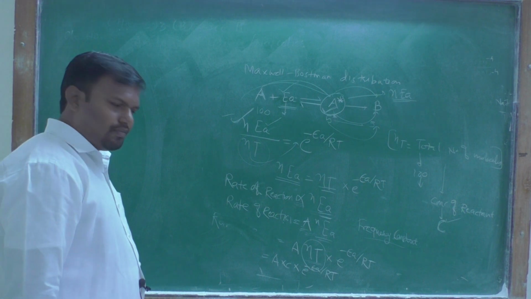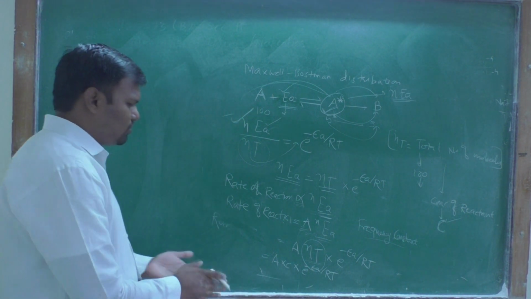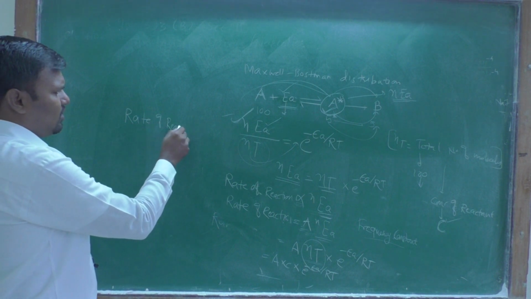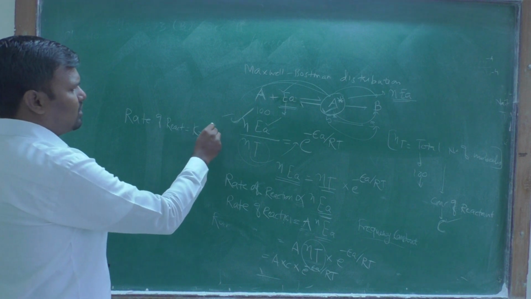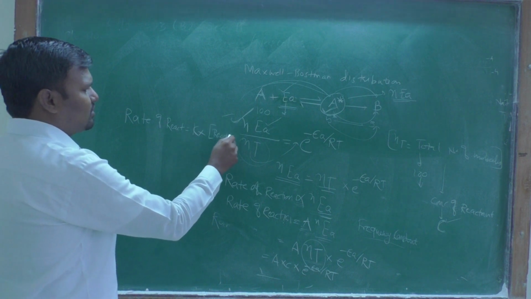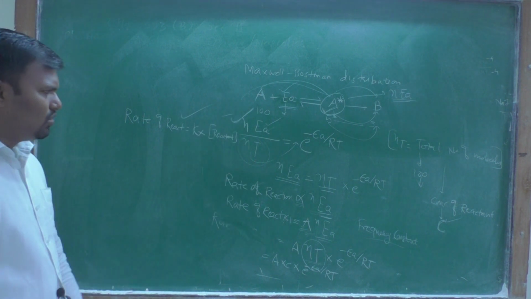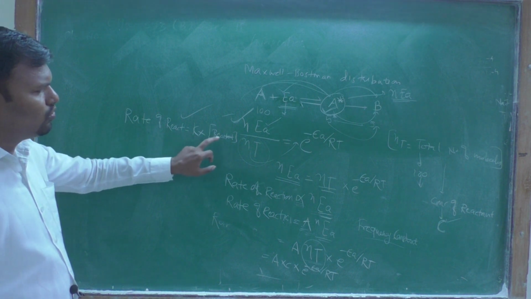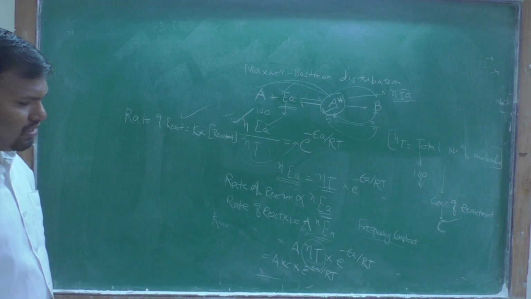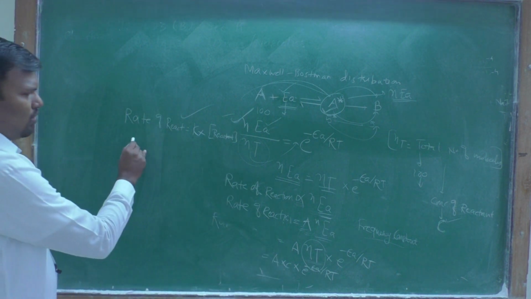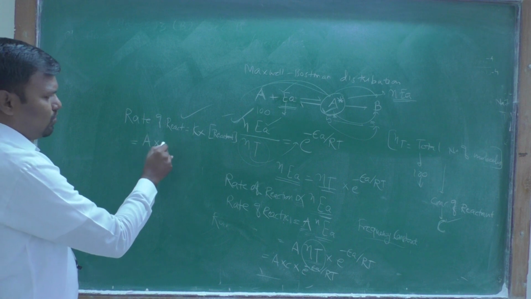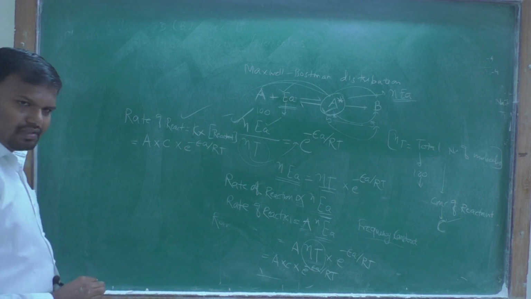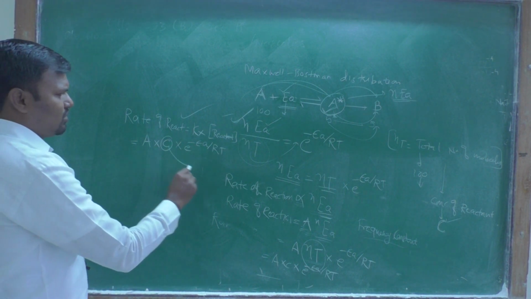When you compare this equation, our rate of reaction was given as K into the concentration of reactant. In the first lecture we discussed this rate law: rate of reaction is equal to rate constant into concentration of reactant. By comparing, you find A into C into e raised to minus Ea upon RT, where C is the concentration of reactant.